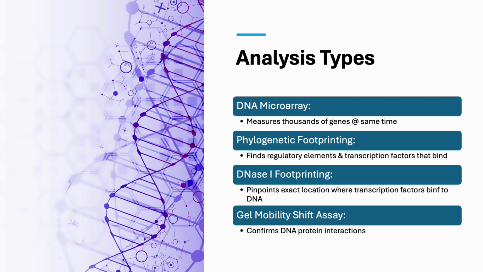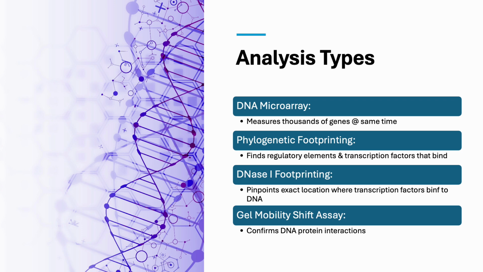And then the chapter goes over phylogenetic footprinting, as a tool for finding the regulatory elements and the transcription factors that bind to them. Then we do have something called DNase I footprinting, and that lets us pinpoint the exact location where transcription factors bind to DNA.